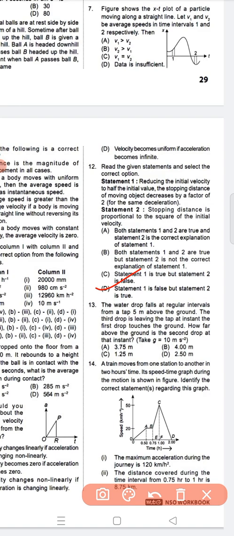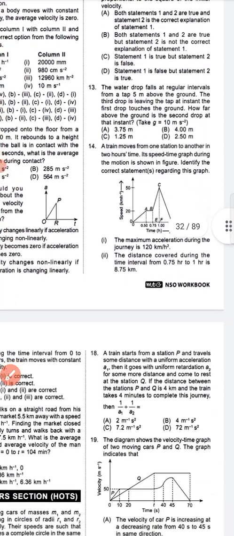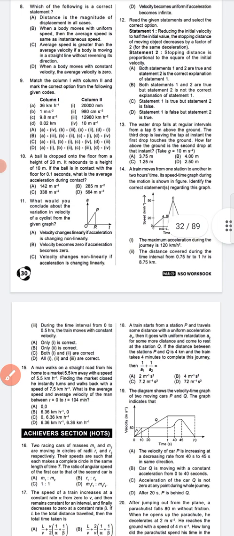A 3.75 meter, B 4 meter, C 1.25 meter, D 2.50 meter. So, question number 13, option A is the correct answer, that is 3.75 meter.